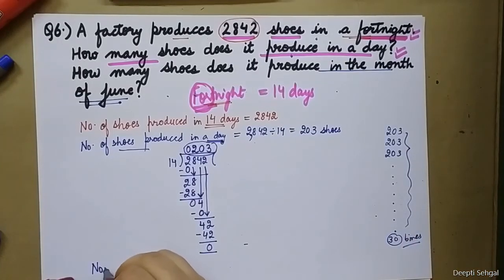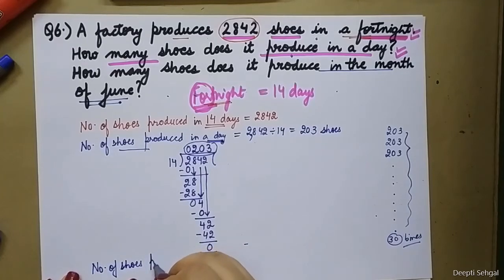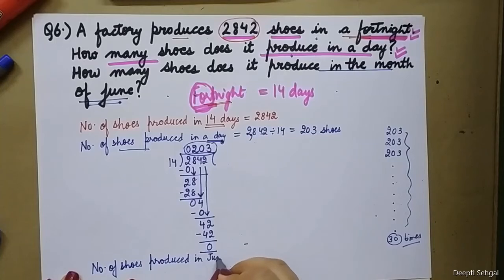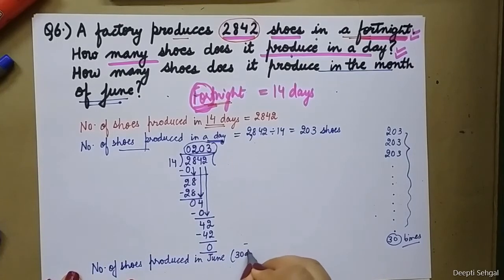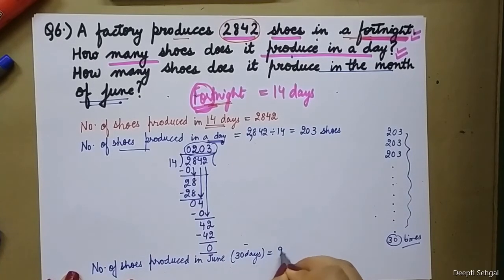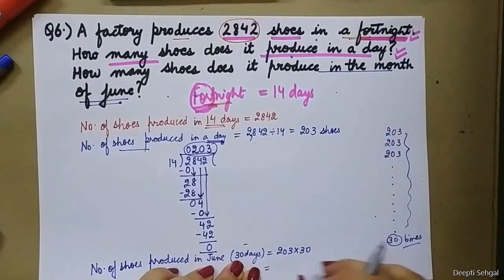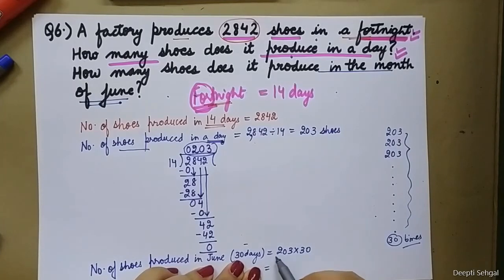So number of shoes produced in June, that means 30 days, is equal to 203 multiplied by 30. No need to multiply it in a column method. Do mental calculation. It is very easy. You can see 1 0 here, so 0 here.